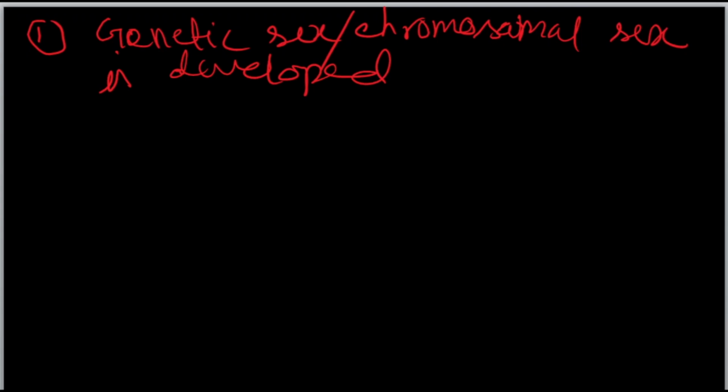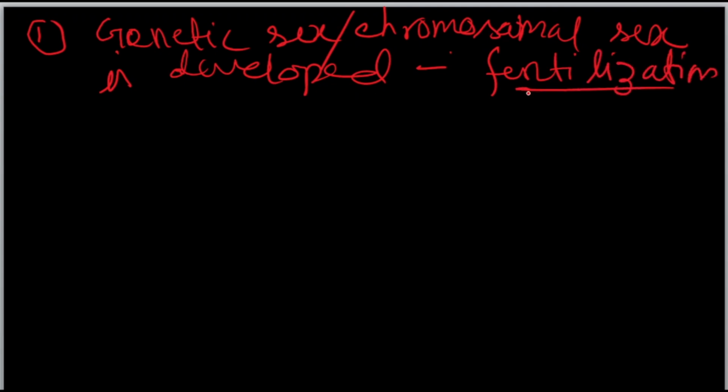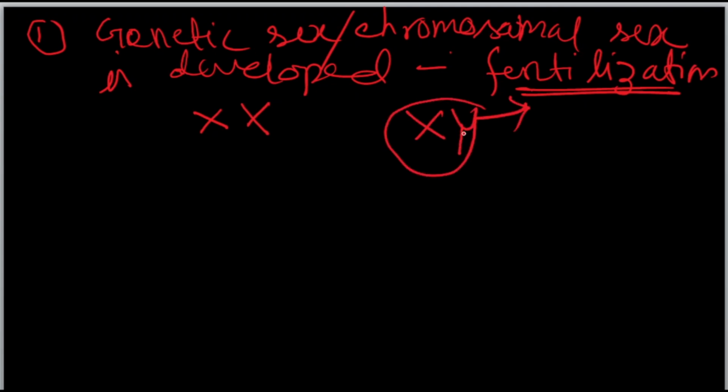Genetic sex or chromosomal sex is developed during fertilization. This is more important to know. It decides whether the fetus will be male or female. If it is male, it is XY, and if it is female, the chromosomal sex is XX.